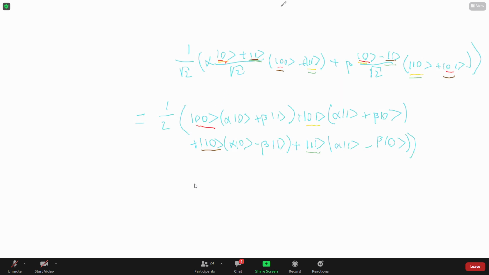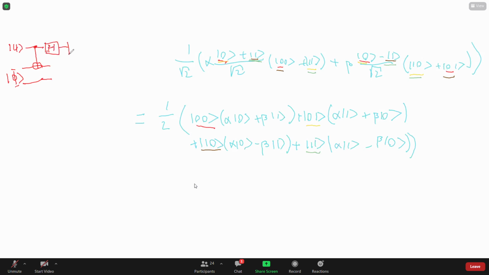Let's draw a quantum circuit again, just to remind us where we are. So we started with psi, then we did a CNOT gate to half of our Bell state. Then we did a Hadamard gate up here.